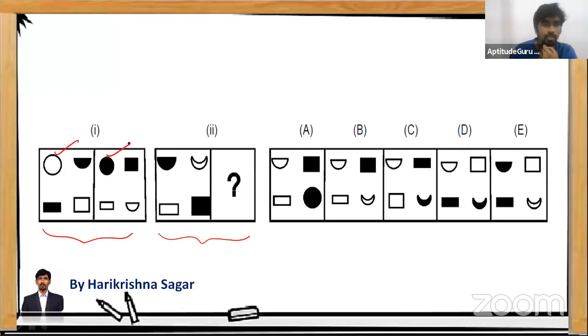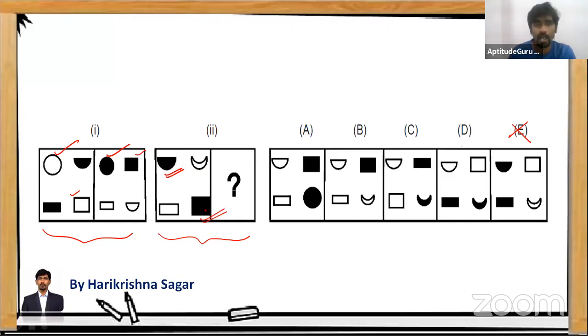The circle becomes dark here, so this is going to be the white-to-dark image. So it needs to be the opposite. It should be white, so option E is definitely eliminated. You can observe this figure is a white one and it becomes dark. So the empty, white figures become dark, and that means the dark figures need to become white.